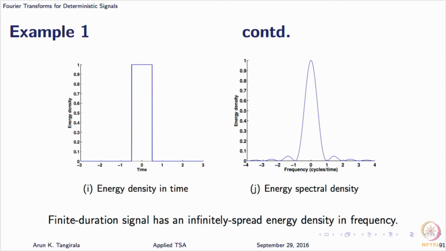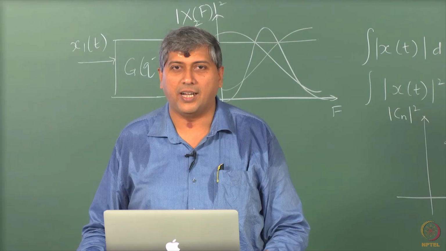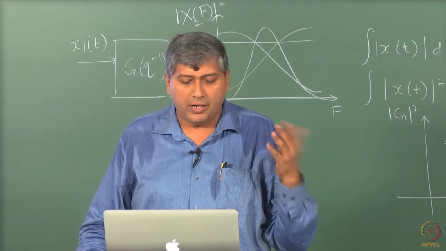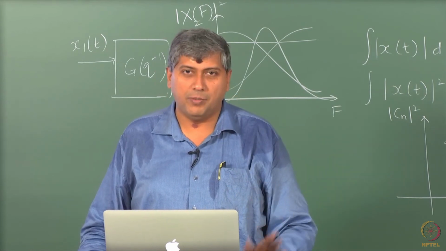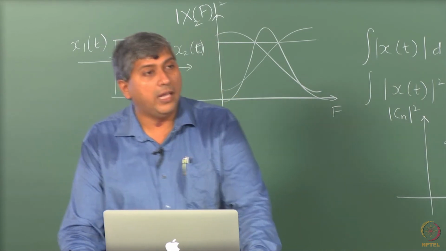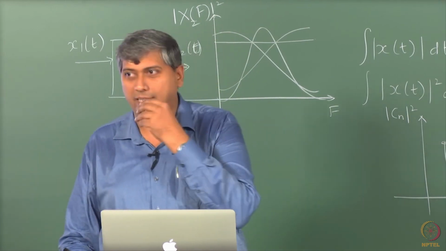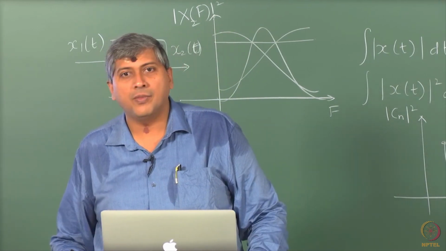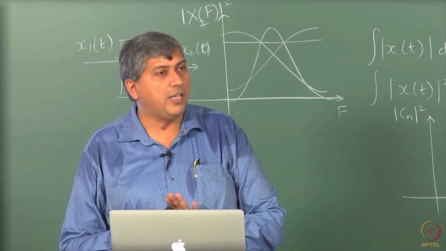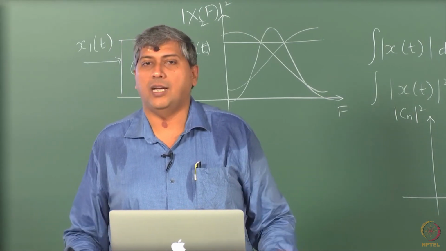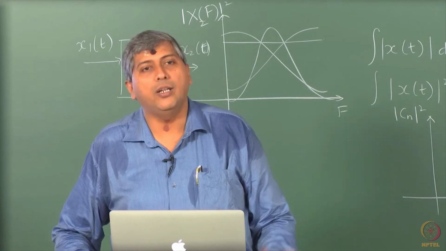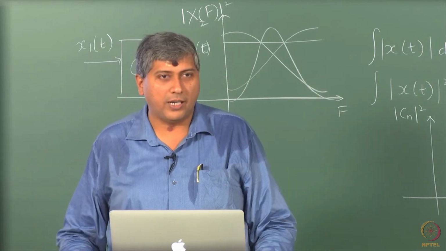Now, what do you notice here? The finite duration signal that we had has an energy spread over a finite interval in time. That is, the energy density goes to 0 after some finite time. Whereas, when you look at the energy spectral density, that is mod x of f square, it does not go to 0 identically after any finite frequency, it only goes to 0 asymptotically.